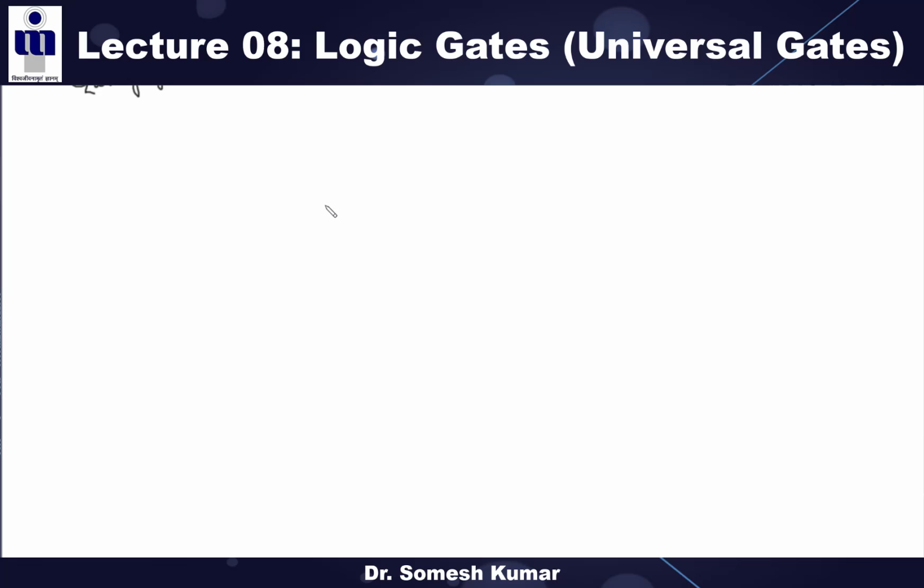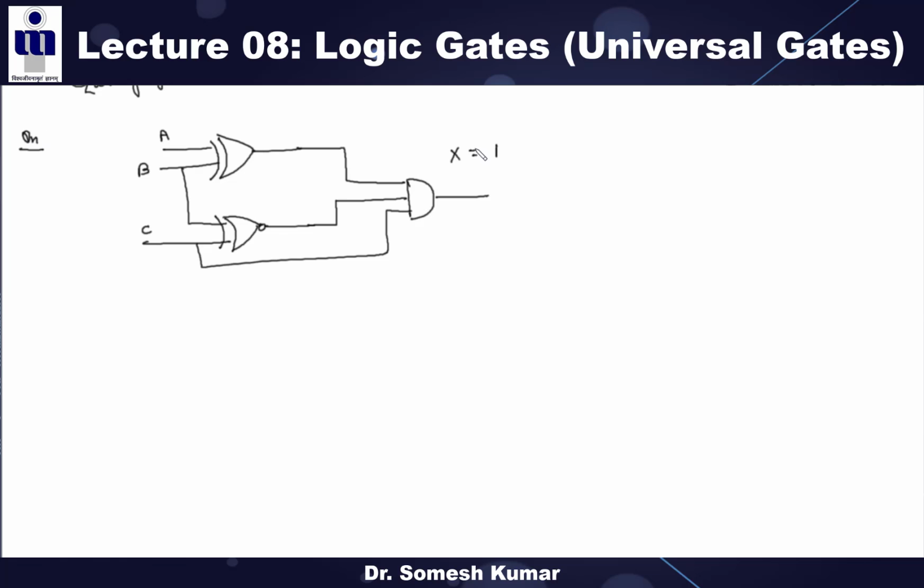So now I am giving you one question. Now tell me, find the value of ABC. The method is, if the output 1 is given, and this is your AND gate, right? If the output of the AND gate is 1, it means all the inputs should be 1 1 1, right?